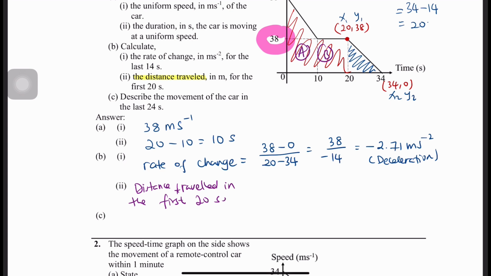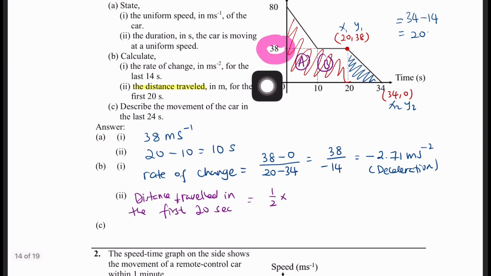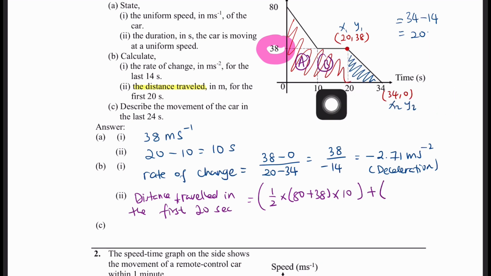20 second is equals to, okay, so area of trapezium. So we have 1/2 times, okay, 80 plus 38, betul? 80 plus 38 times, okay, base dia 10, okay, plus, okay, area of square, apa, rectangle ni.